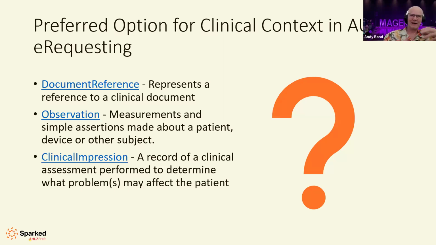And we somehow have to figure out how to carry this in a way which is not confusing and potentially a clinical issue in its interpretation at the filler's end.